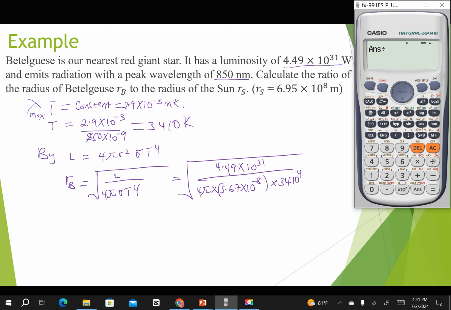Let me divide further by 3,410 raised to the power of 4. Then I have to find the square root of the answer.